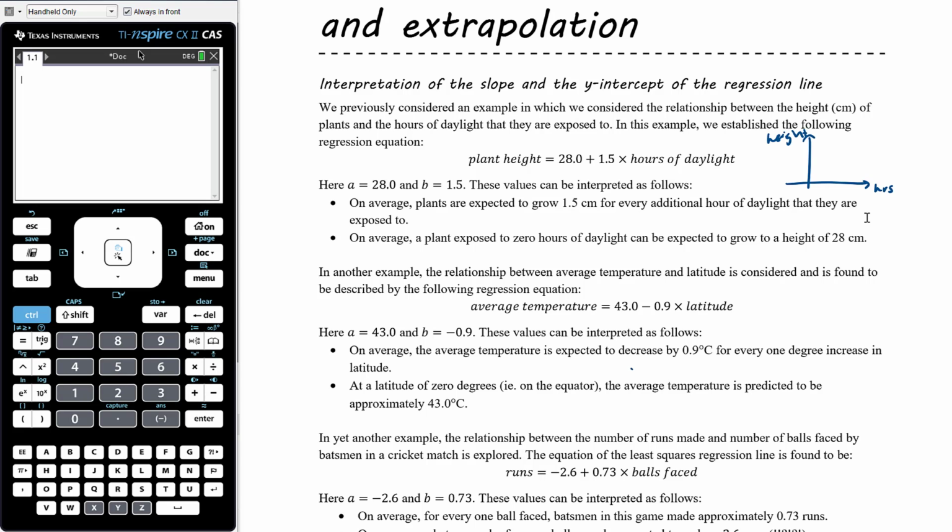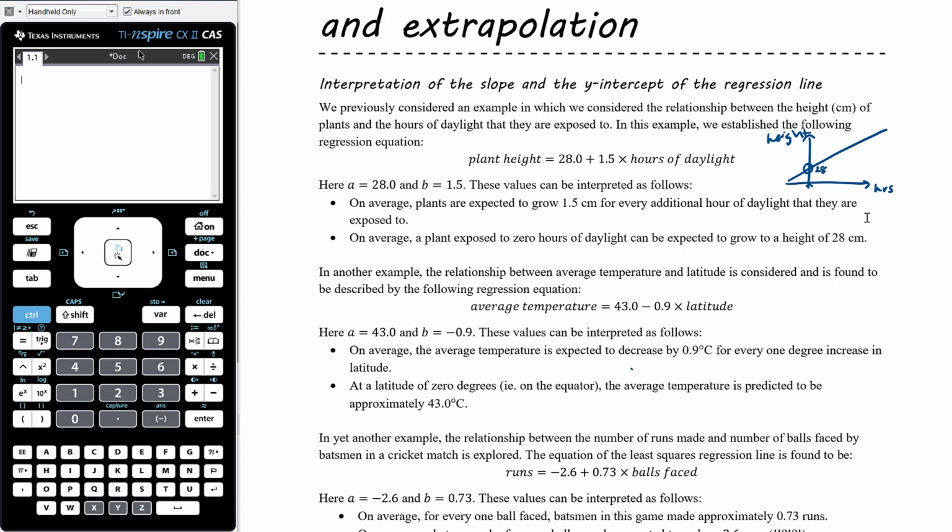Okay, so the y-intercept of a line is this point here, where the line crosses the y-axis. So we're seeing that it's crossing at a y value of 28, or in this case a height of 28. So what that means is, when our x value is 0, our y value is whatever the y-intercept is. When our explanatory variable is 0, the response variable will be equal to whatever the y-intercept is.